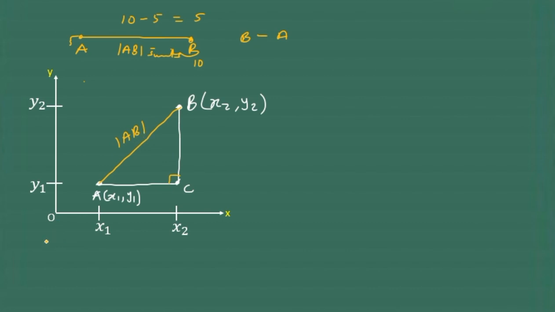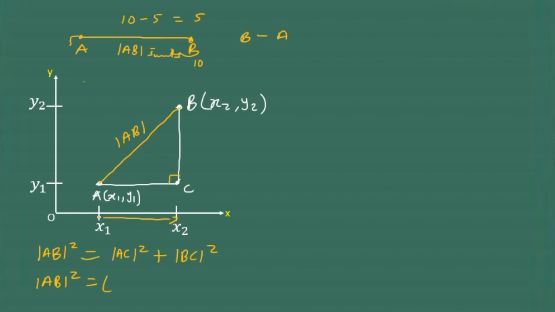From the Pythagorean theorem, we know that the dimension AB square will be equals to that of AC square plus the dimension BC square, and AB square is equals to, first, what is AC? Note that AC is this distance.